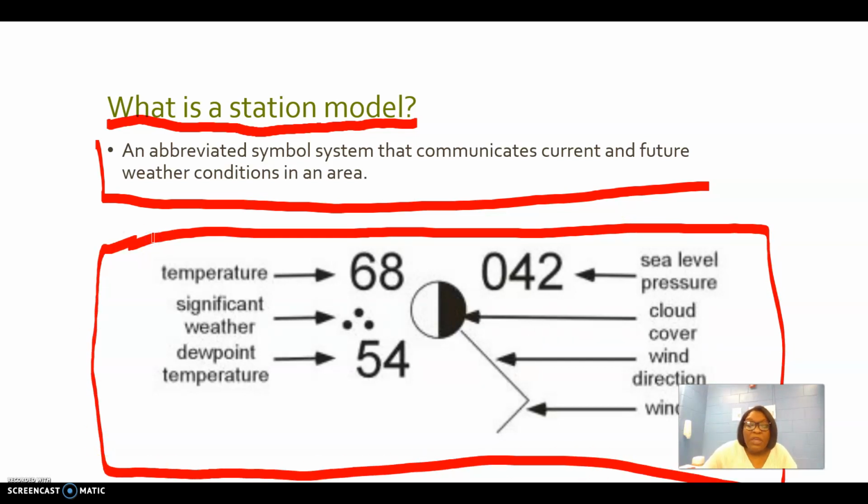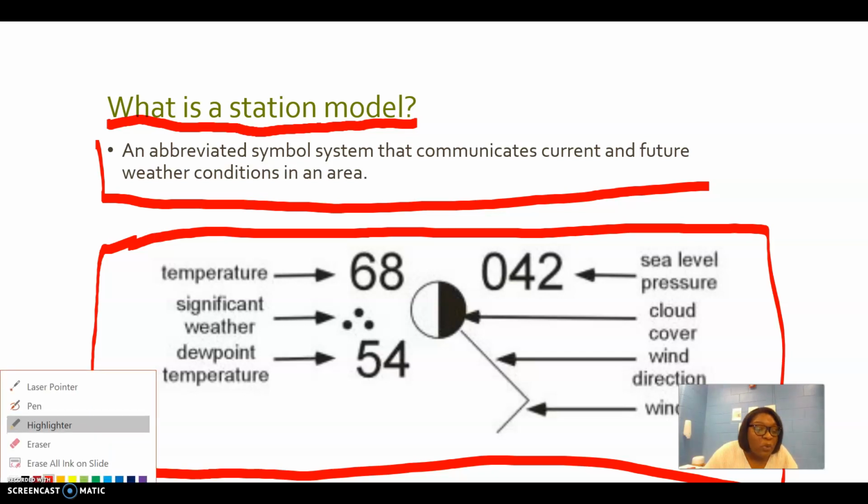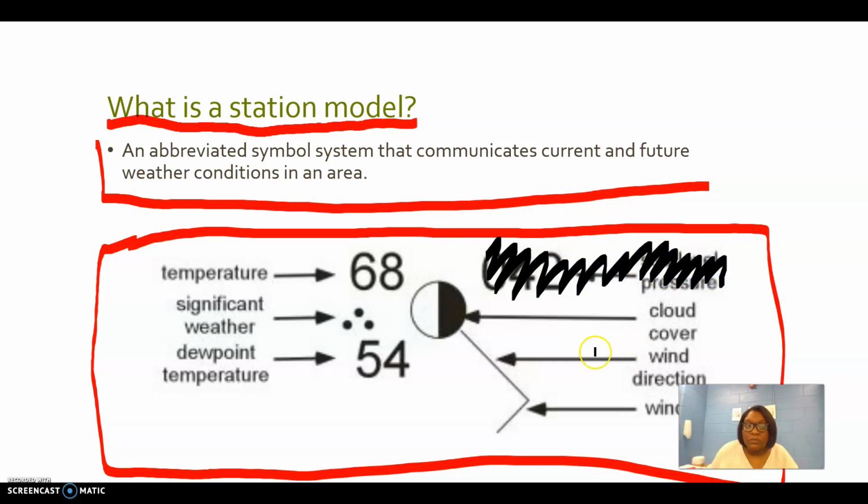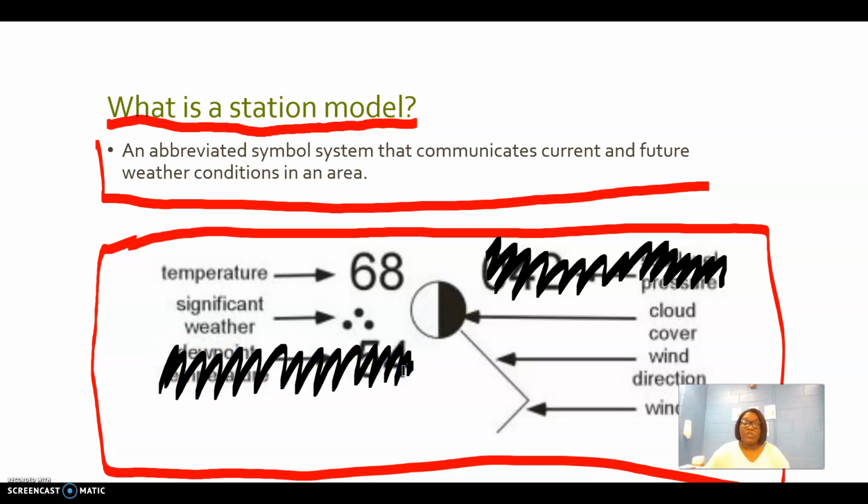Very good. But you can leave out the following parts of this drawing. The sea pressure level you don't need to have in your picture, and the dew point temperature you also don't need to have in your picture.